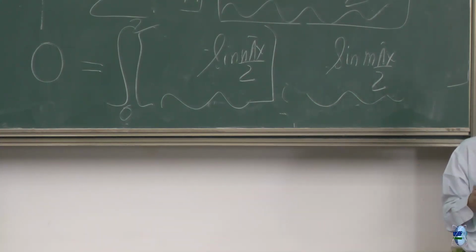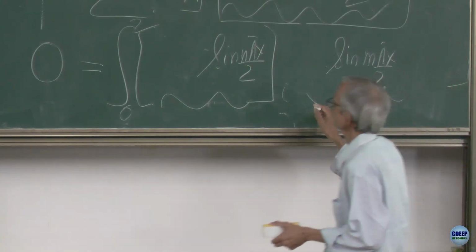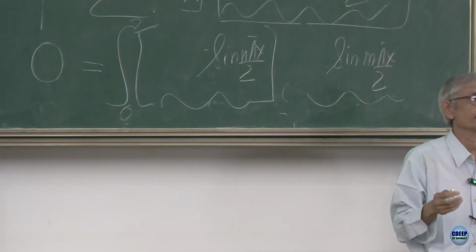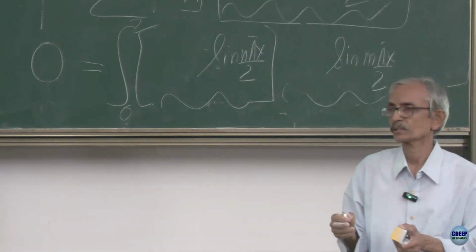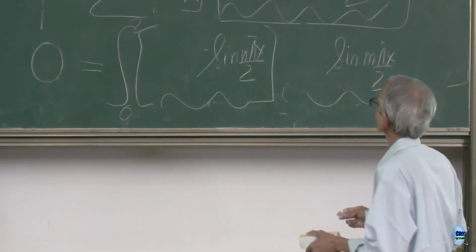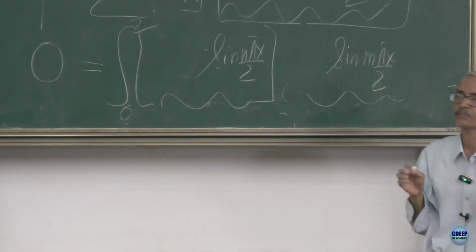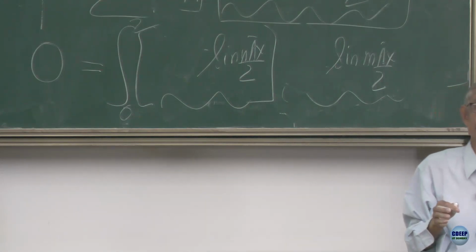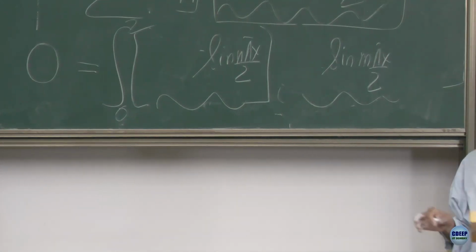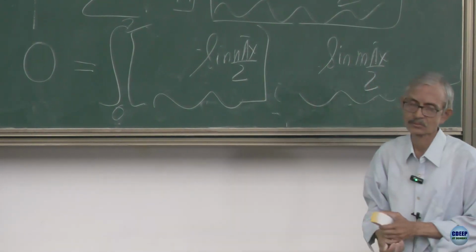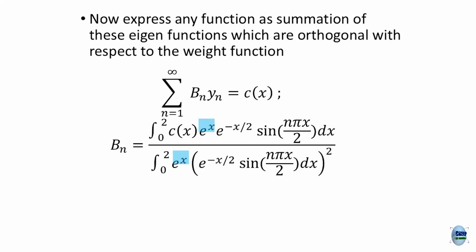So it's easy for us to understand that when I'm going to try to look for orthogonality, this indeed is going to end up with orthogonality. Okay? So these functions, e to the minus x by 2 sine n pi x by 2, which were the eigenfunctions, are orthogonal with respect to the weight function, and indeed you can see that they are orthogonal. Okay, so that's what that blue guy there is doing for you.